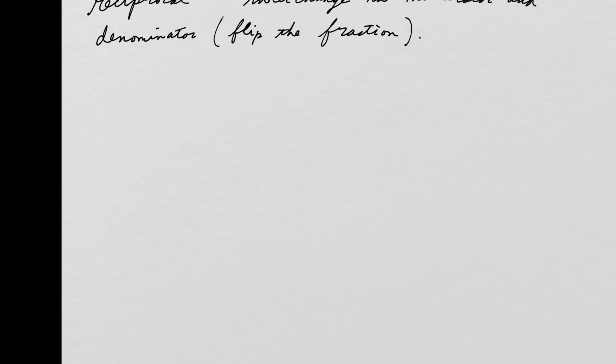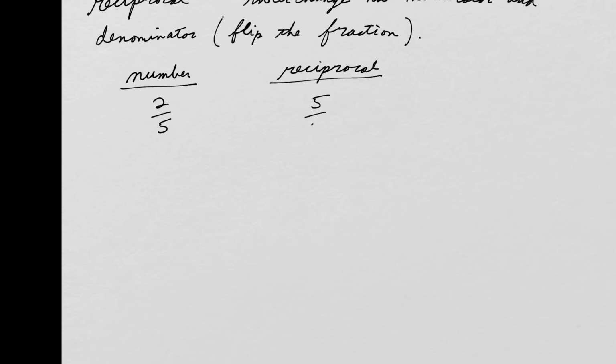So actually here, let's do a couple of examples with that. Let's say this is the original number, right, the original fraction, and I want to find its reciprocal. So if the original number was 2/5, what is the reciprocal? Well, the numerator becomes the denominator and the denominator becomes the numerator. I flip it, so it's going to be 5/2.